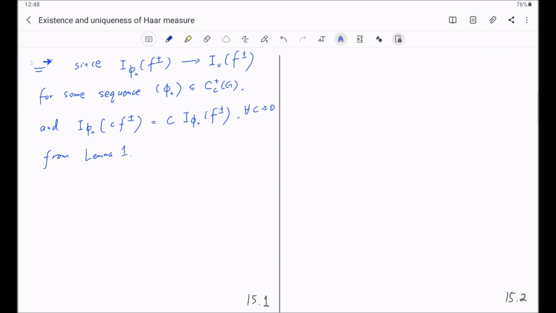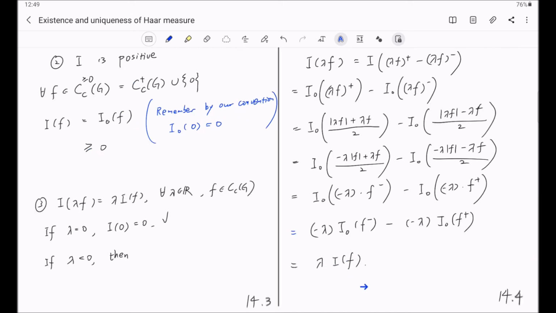That is why we have this equality. Because each convergent satisfies this commutation with constants, the target of this limit should also satisfy the commutation with the non-negative constants. And this finishes this subcase when lambda is less than 0.